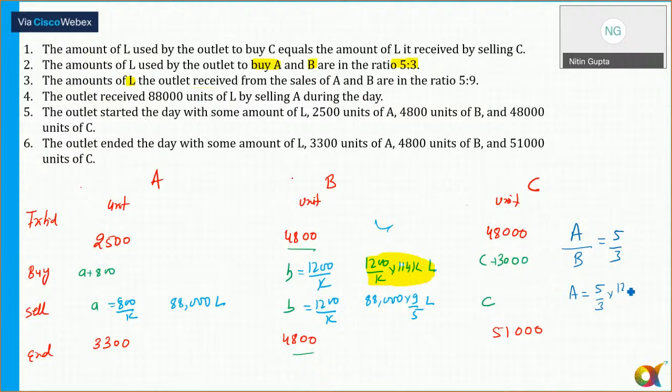That is 1200 by K into 114K in terms of L. This is the total amount needed to buy this one.